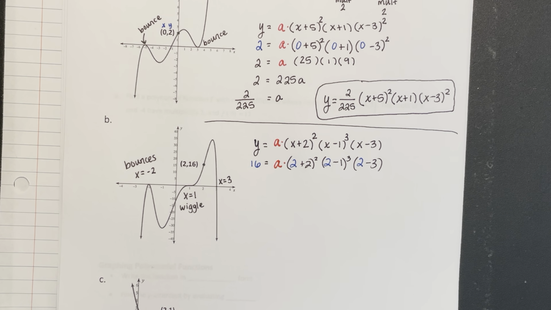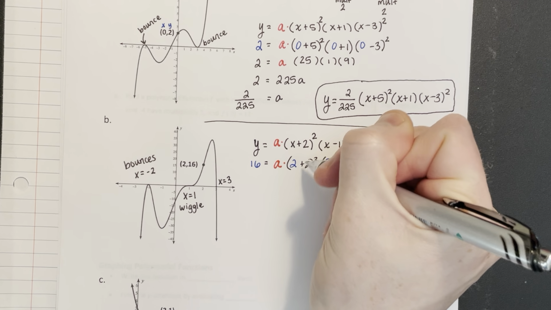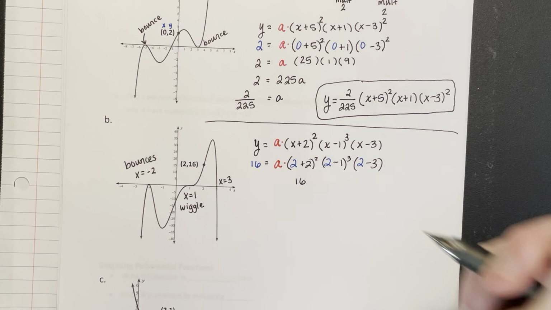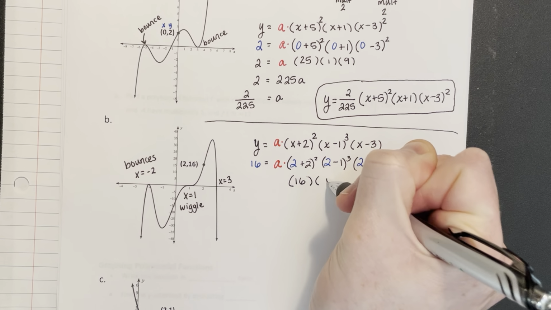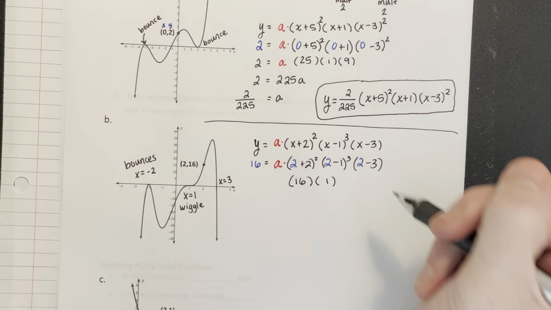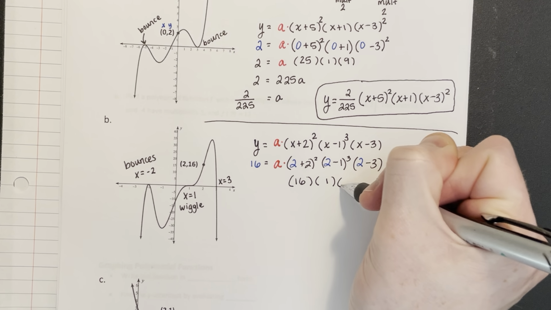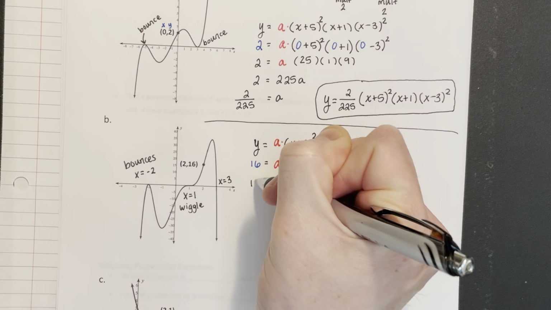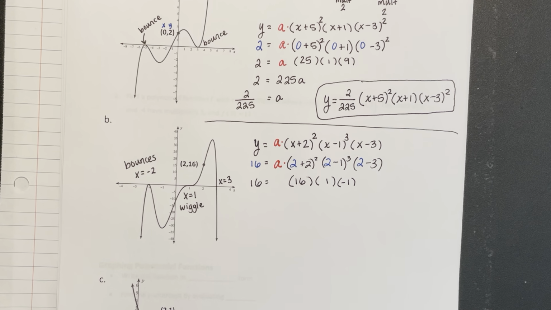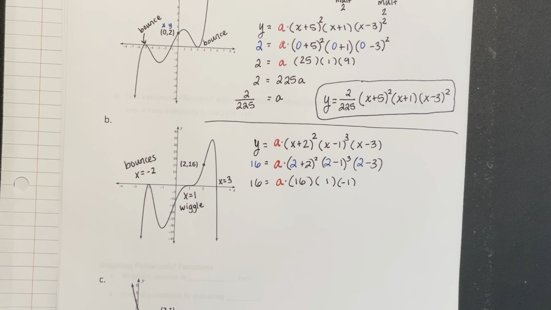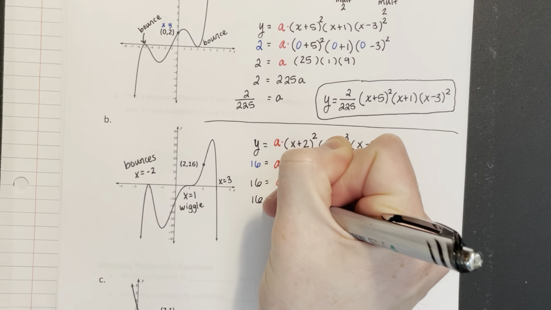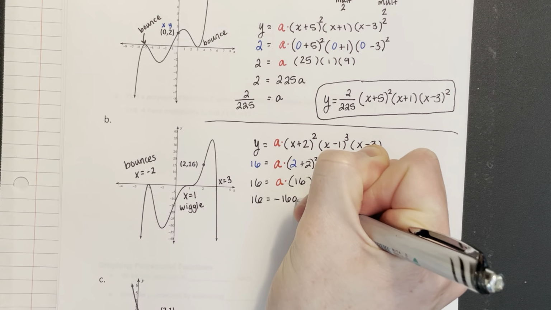So 2 plus 2 squared, so that's 4 squared, which is 16. 2 minus 1 is just 1, and 1 cubed is still 1. 2 minus 3 is negative 1. So we end up with 16 times 1 times negative 1, which is just negative 16. So I would write that as negative 16a.